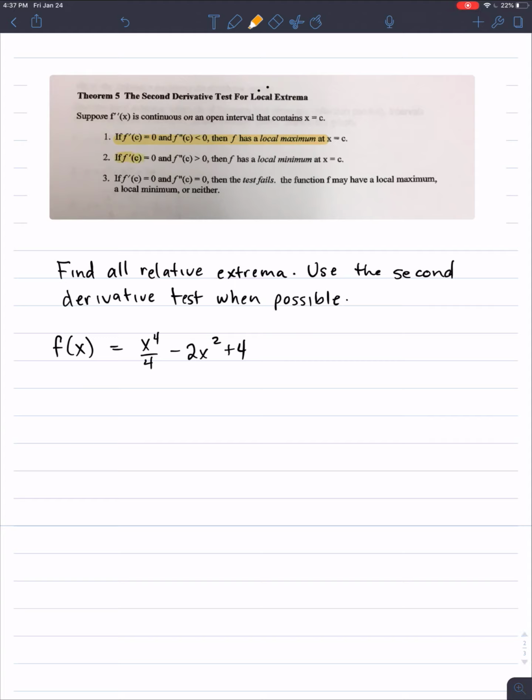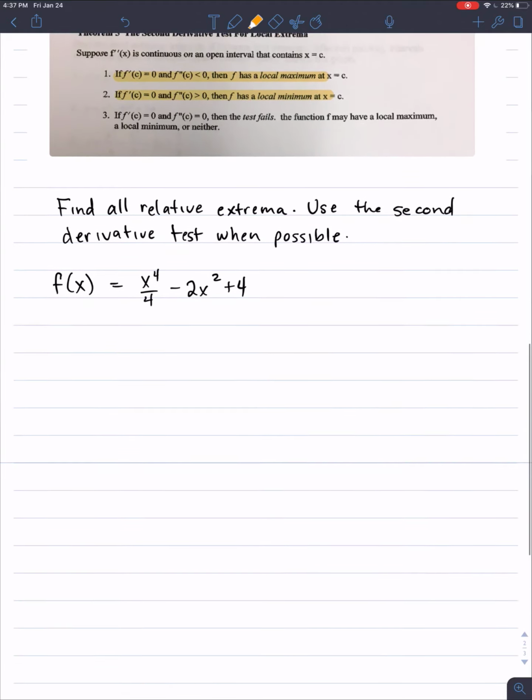If you take the first derivative equal to 0, that's where we find critical numbers, and then you take the second derivative and that becomes greater than 0, then you're going to have a local min at that particular point c. And in some cases the test fails, and it may or may not have a local max or min, or may have neither.